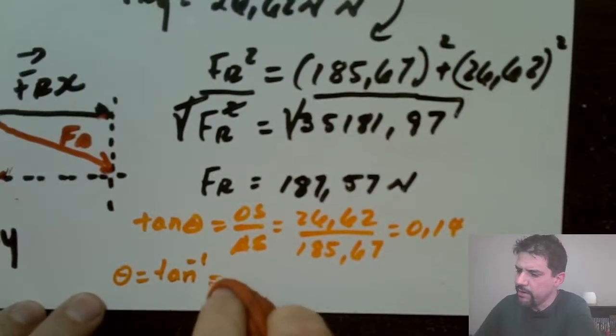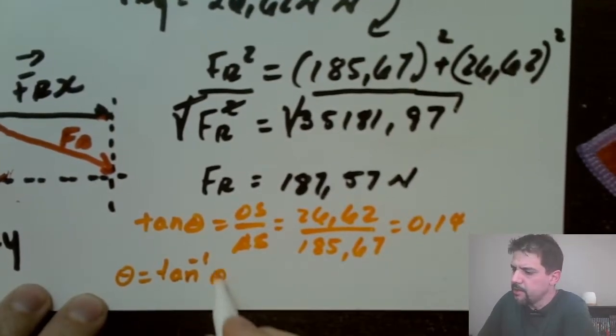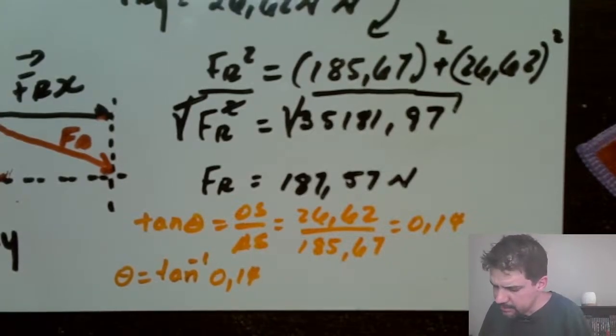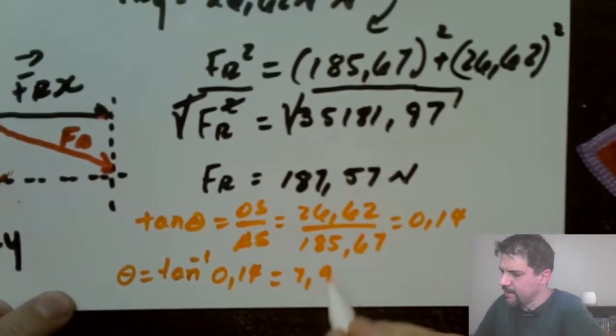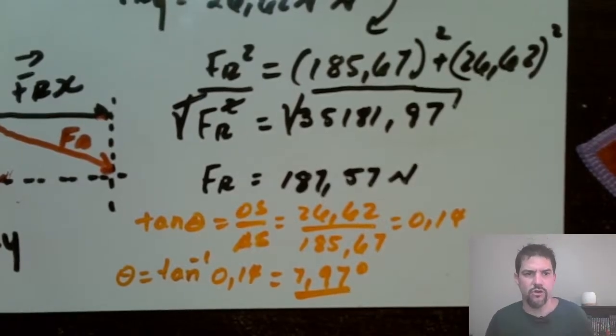Tan inverse of 0.14. So when you do that, let me just do it in my calculator. I got the angle to be 7.97 degrees. That is the angle I got.